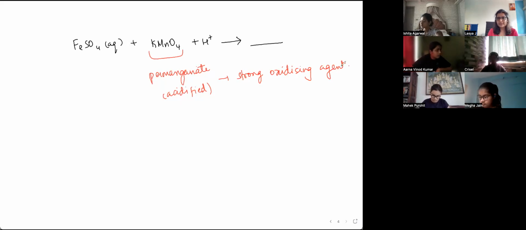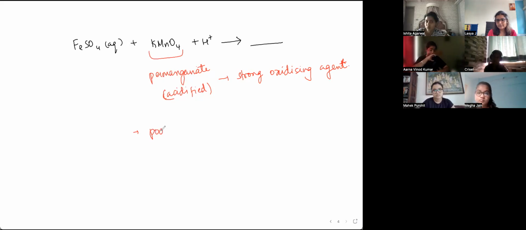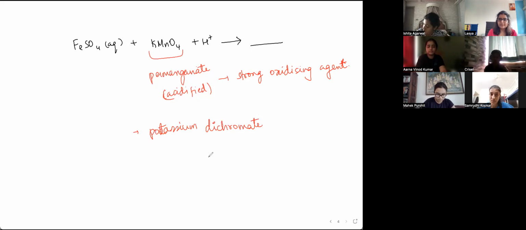Any time you want oxidation to happen, potassium permanganate is a go-to compound. Apart from permanganate, there's another compound, potassium dichromate. Its formula is K2Cr2O7.